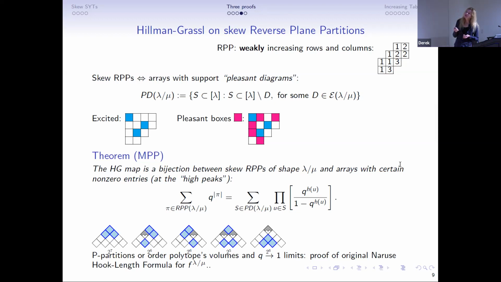So we can take the Q to 1 limit after we multiply by 1 minus Q, some 1 minus Q, the Q-analog of n factorial in some sense. We can get the actual formula for the number of standard Young tableaux of this shape.